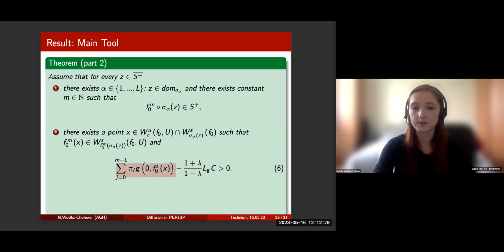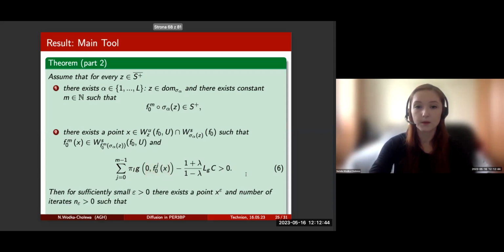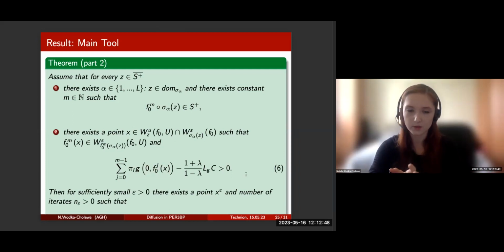So you see that you sum the energies for G for every point that you go through from X to F m0 of X. Maybe a picture, of course.